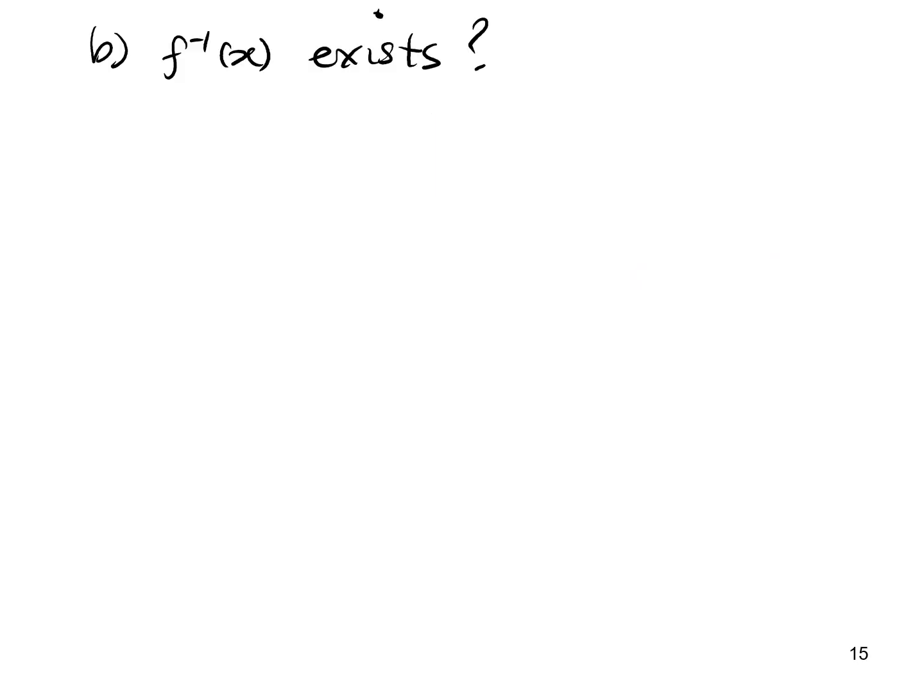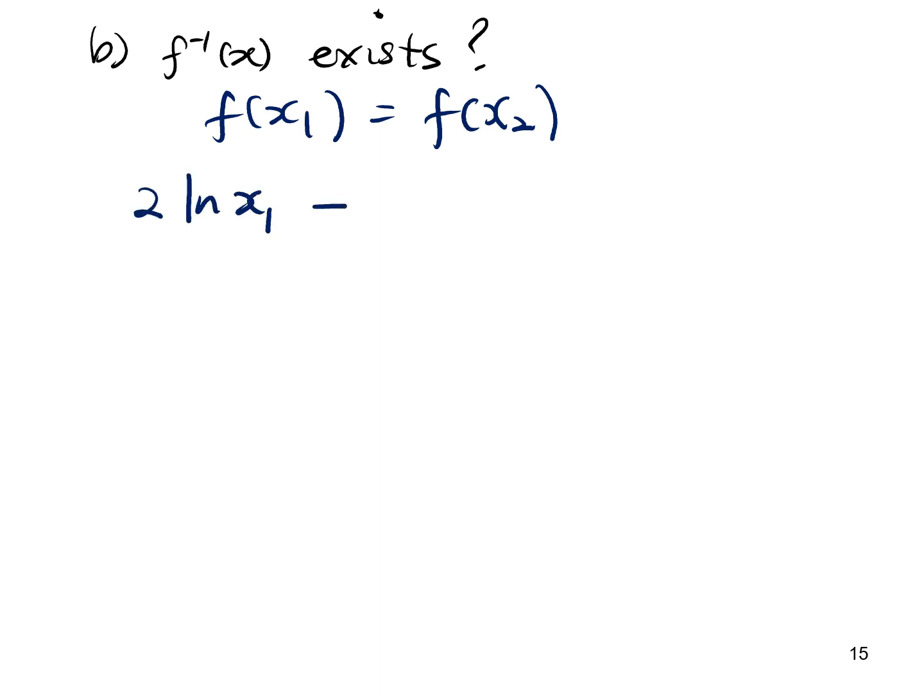Okay, show that f inverse exists. So I use the algebraic method. We use f(x1) equals f(x2). So we have 2 ln x1 minus 1 equals 2 ln x2 minus 1. So negative 1 on both sides can be cancelled.